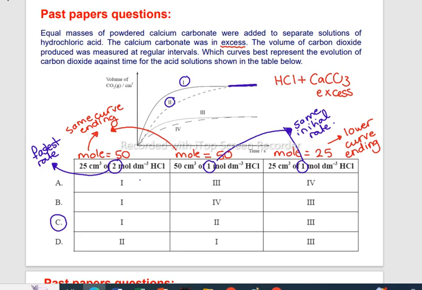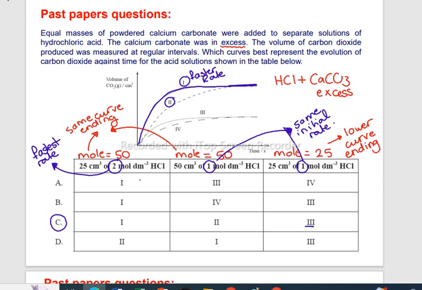Moreover, I is steeper. Double I, considering I, it's steeper, right? So it's a faster rate since you have 2 mole per decimeter cube of hydrochloric acid. So this is the faster rate, and the double I is slower, and this is actually correct according to the concentration.